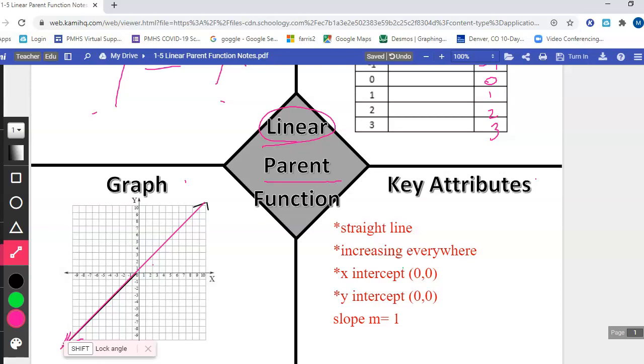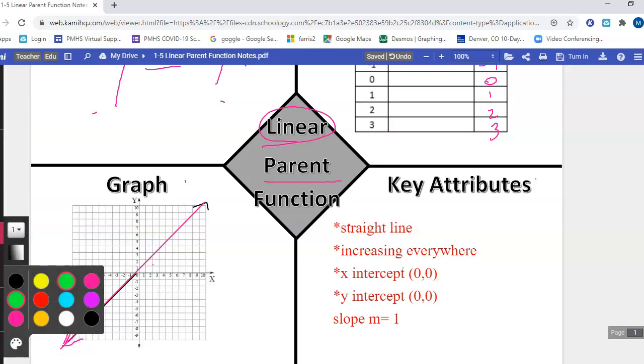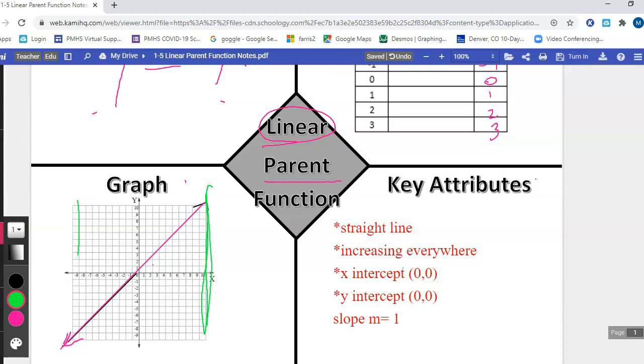And so for the domain, I should have started over here because domain goes left to right.